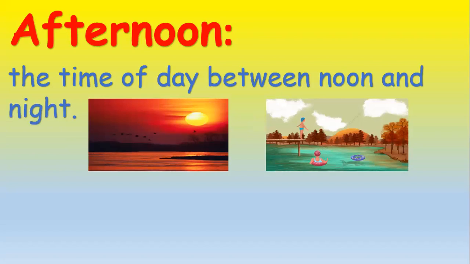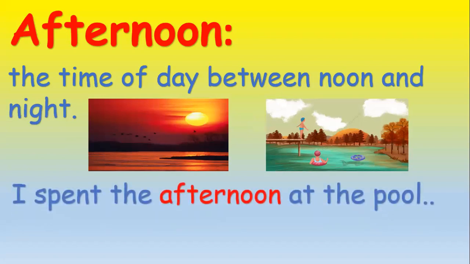Okay, let's use it in a sentence. I spent the afternoon at the pool. So again, what's the meaning of afternoon? It is the time of day between noon and night.